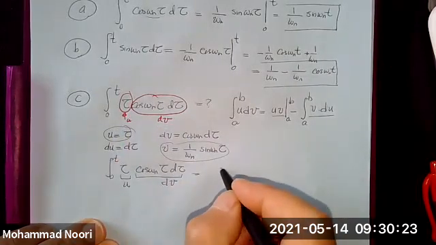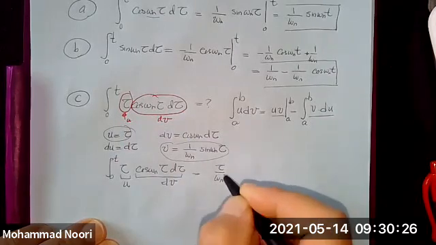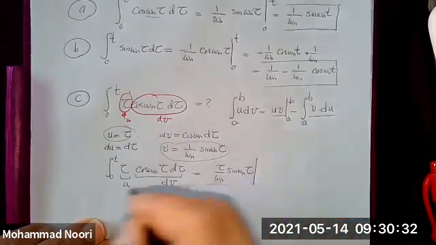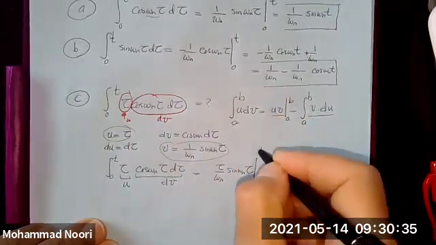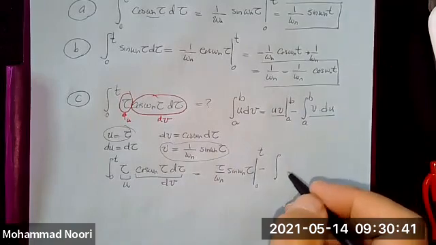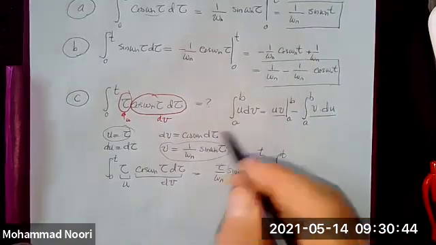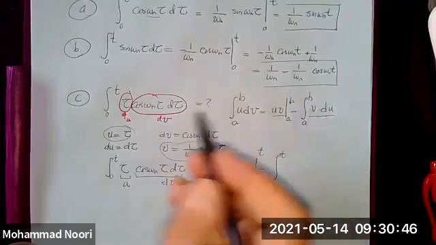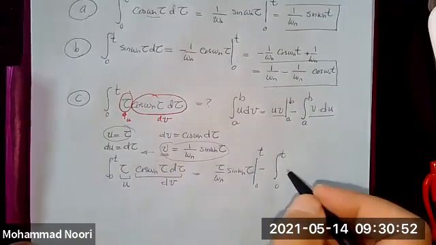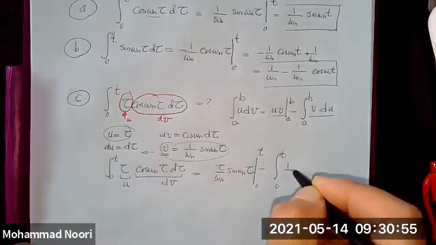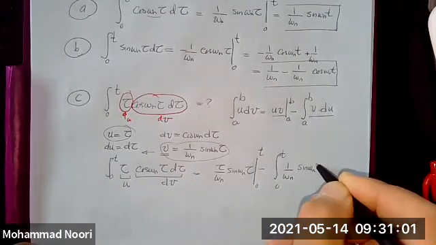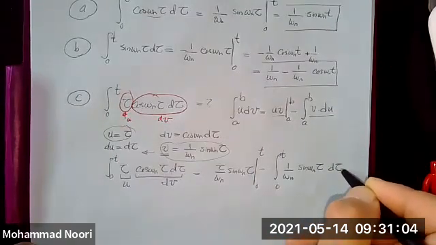So we have tau over omega n sine omega n tau from a to b, 0 to t, minus the integral from a to b of v du. This is v, this is du. So it would be 1 over omega n times sine omega n tau d tau.